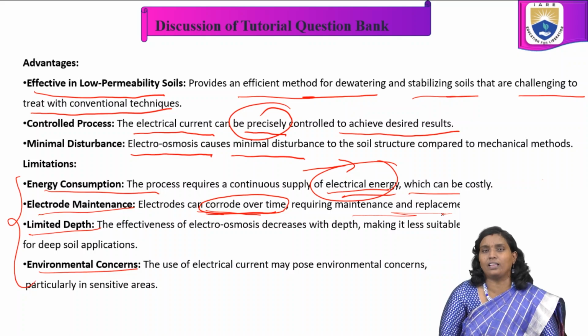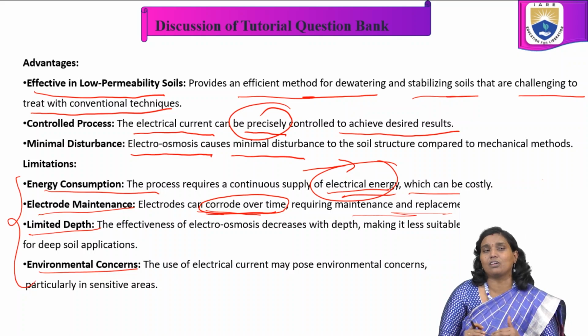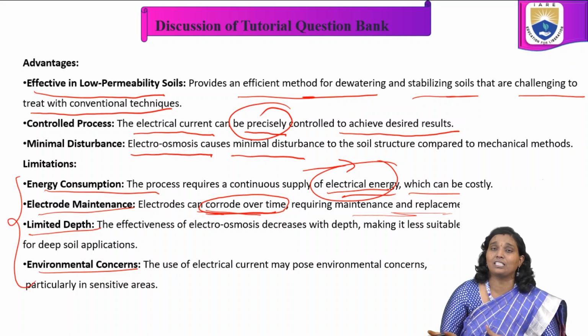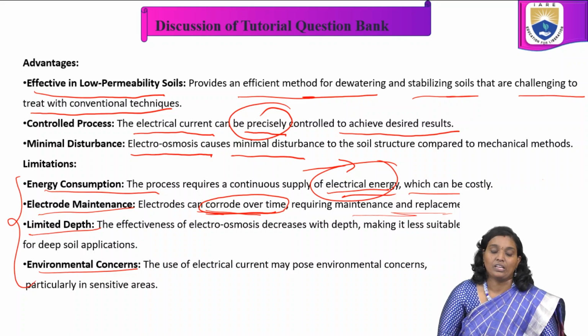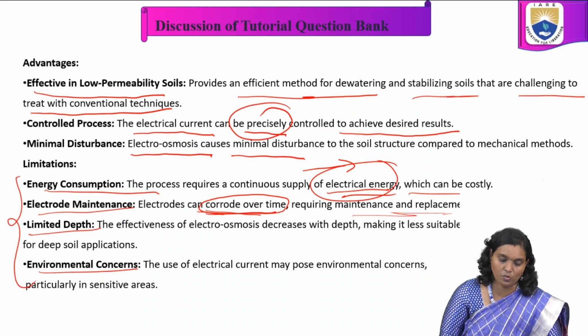Continuous monitoring is required because otherwise they will corrode over time. Whenever maintenance or replacement is required, we have to do it immediately, otherwise it affects the whole process. So this is one of the limitations we understand in electroosmosis.